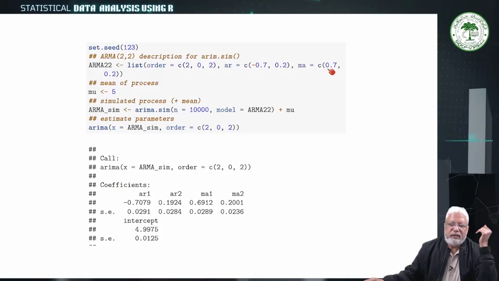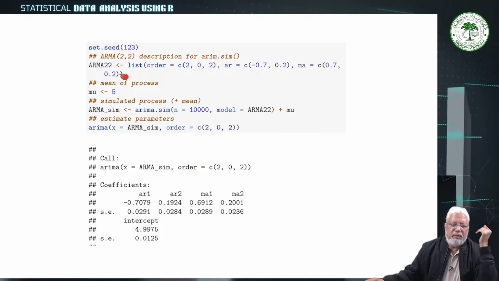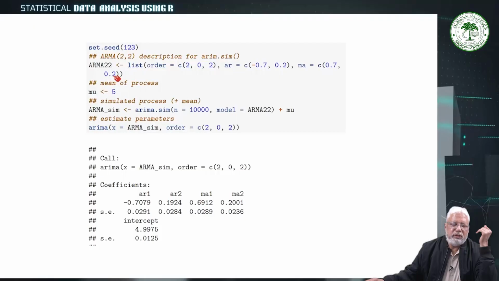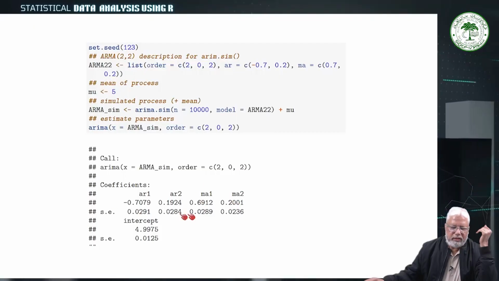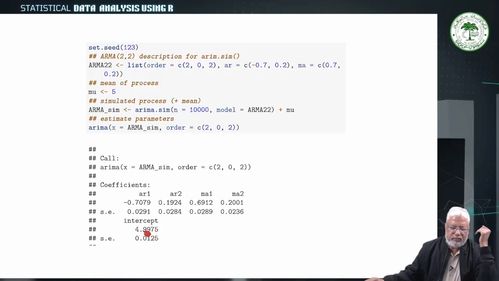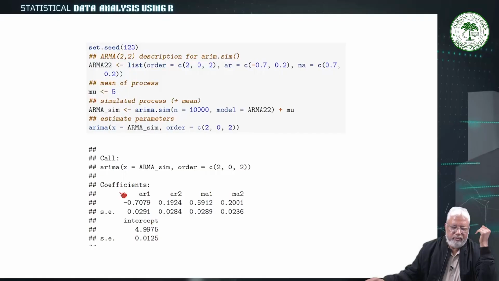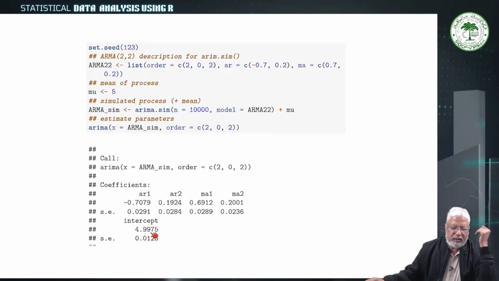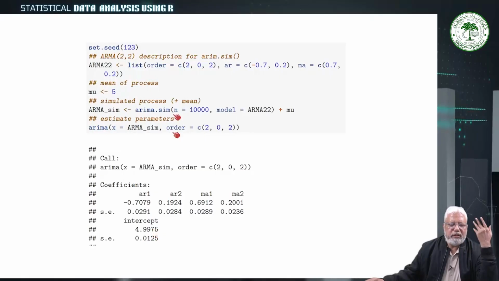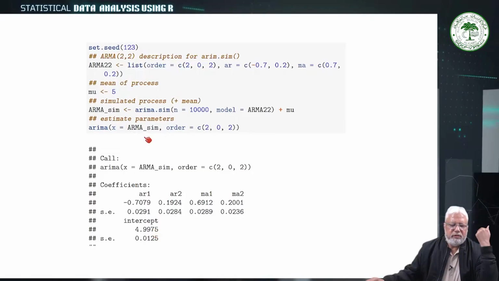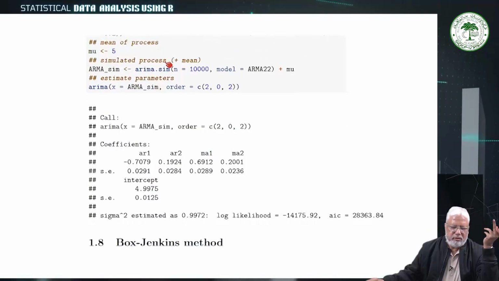MA1 is 0.7, and the estimate is 0.69, and MA2 is 0.2, and the estimate is 0.2. And these are the standard errors, and this is the intercept. The intercept mean is 5, mu is equal to 5, so it is giving 4.9975. So, actually it is confirming the simulation. This parameter estimation confirms the simulated data.